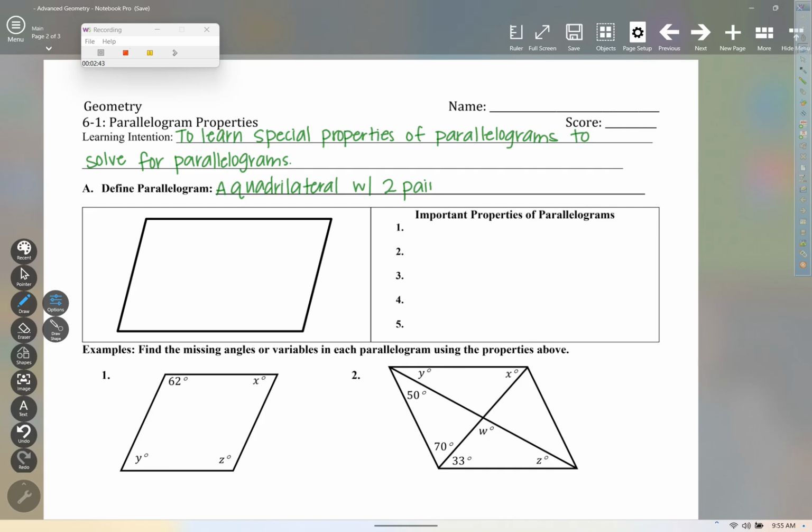In a parallelogram, there are 5 qualities that you need to remember to help you solve for the interior angles and sides. So the important properties of a parallelogram, well, number 1 is the definition.